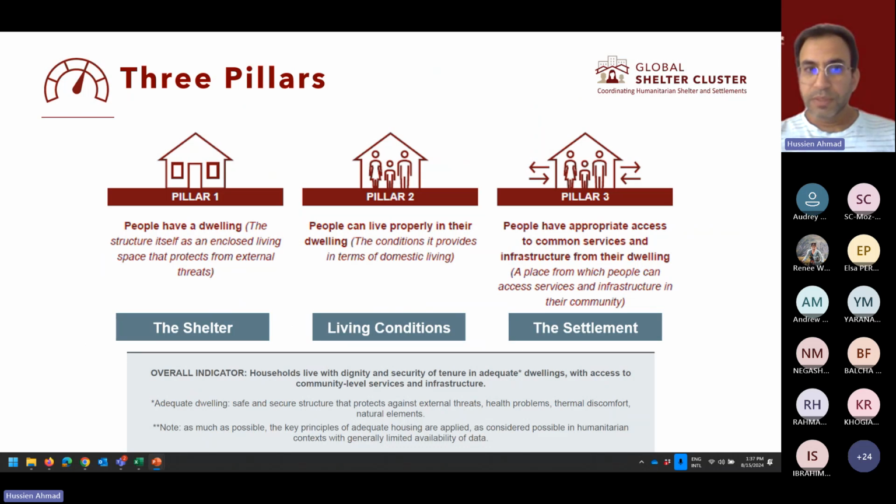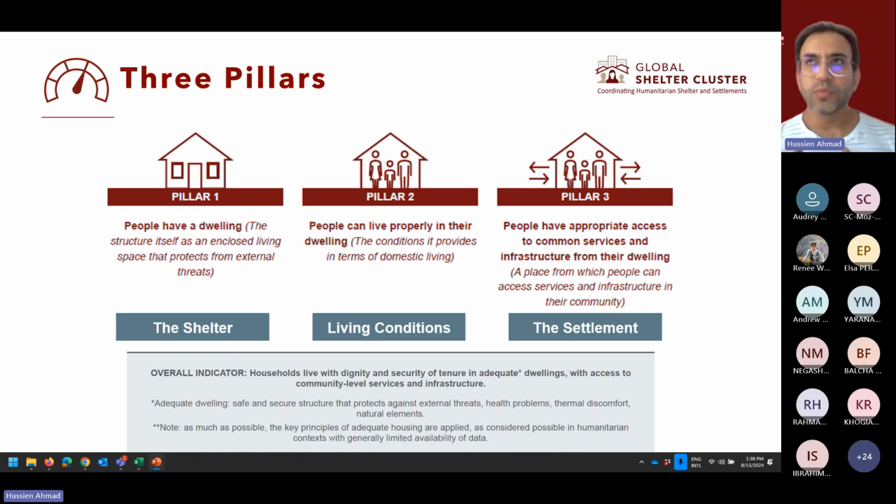We talked about the 3 pillars, how we look at them: people have a home to live in, meaning the structure, the shelter itself. People are able to live within their home and perform their domestic life, and people are able to connect from their home, from their structure, from their shelter, with their community, neighbors, services, and infrastructure that will form the settlement in that area.